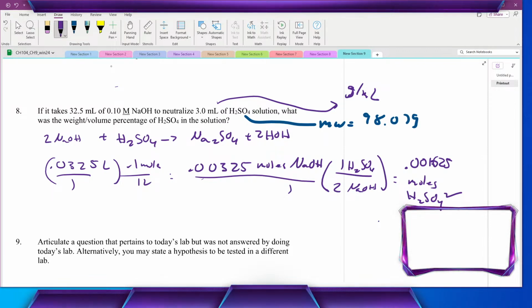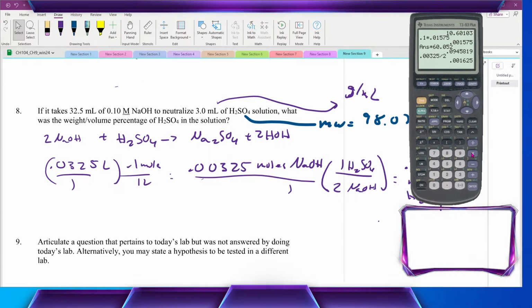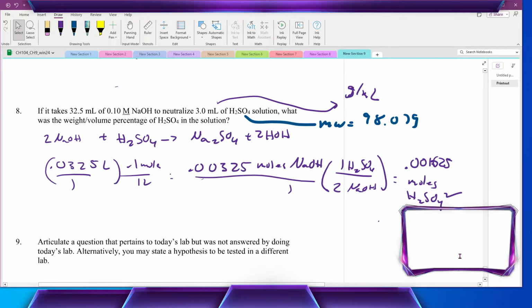Now let's go ahead and multiply that to give us grams. So times 98.079. And now I have this answer.